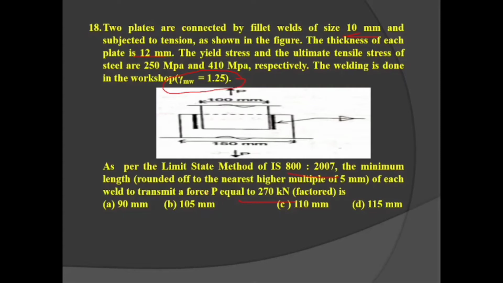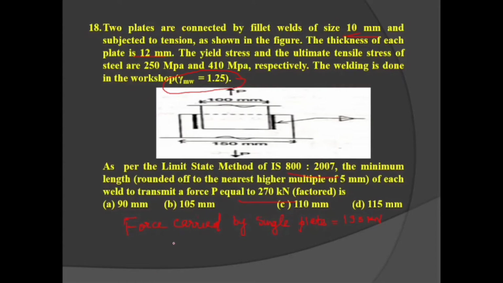Since the total force is 270 kilonewton, the force carried by a single plate will be 135 kilonewton, that is 270 divided by 2. So this force must be equal to the force formula, from where we can easily calculate.